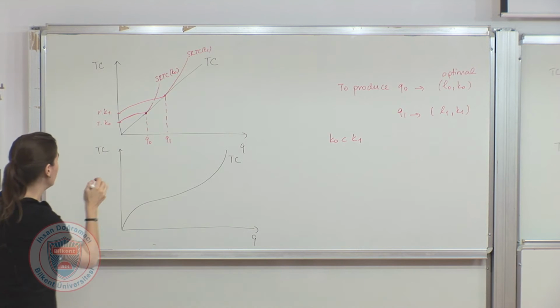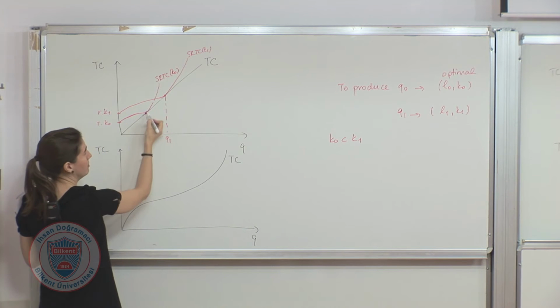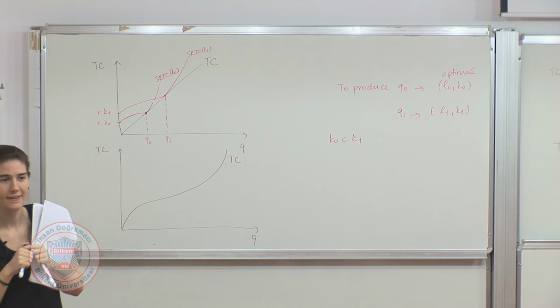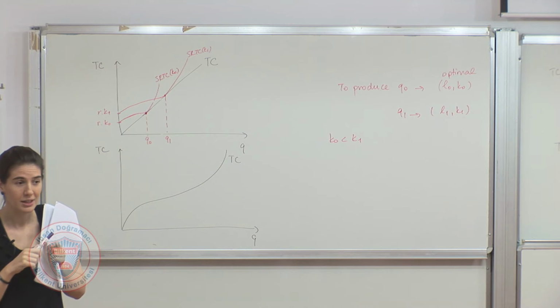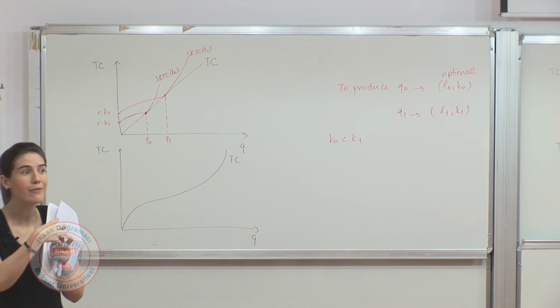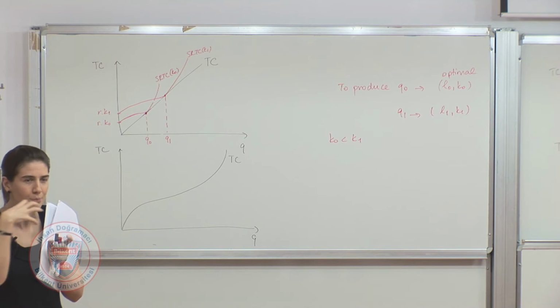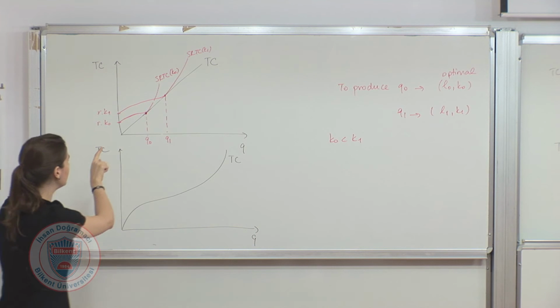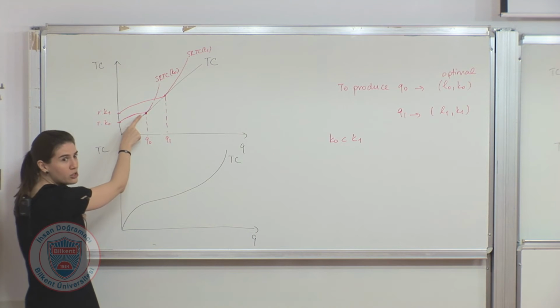And here, when you move away from this point, they're increasing at an increasing rate. Why? Because you're moving away from the optimal level. Here, you're getting closer to the optimal level, so it's good.